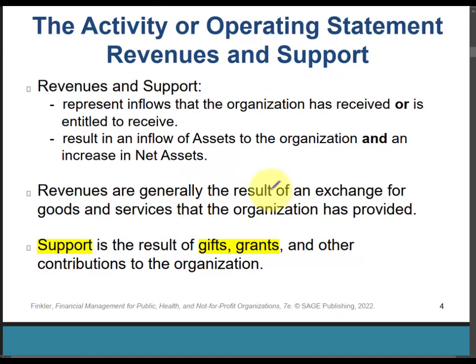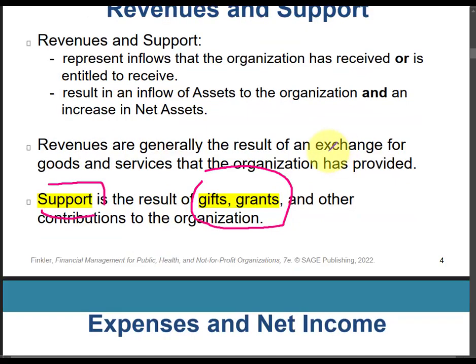Now, while most people understand business terms, there are slight differences when you work in academic research places or in government agencies, where a lot of times, in addition to regular revenue, you're dealing with grants or gifts. And I'll say a bit more about that when we dive into the Public Health Finance Module 5.